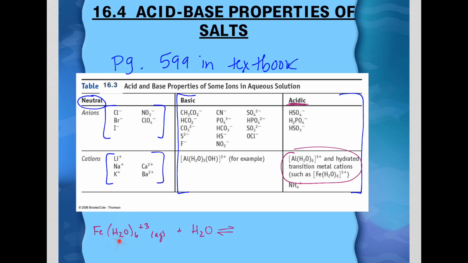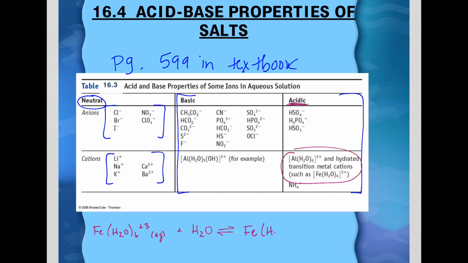So whenever you see something like this where you have water molecules in there, it's a set pattern. What happens is one of these water molecules, there are 6 of them, one of these is going to break up, transfer a hydrogen to this, and then this would now become 5 full water molecules and basically a hydroxide at the end. So what we'll see there is that would result in this.